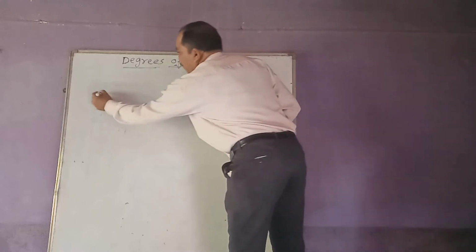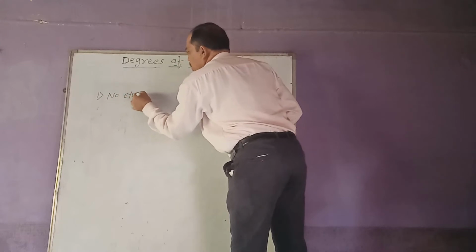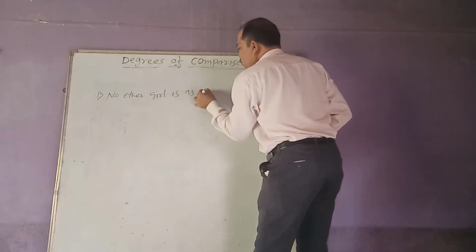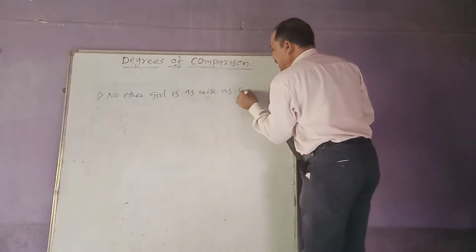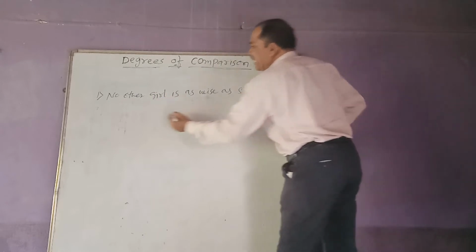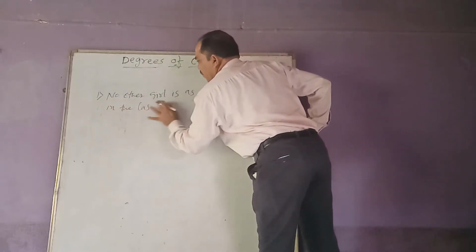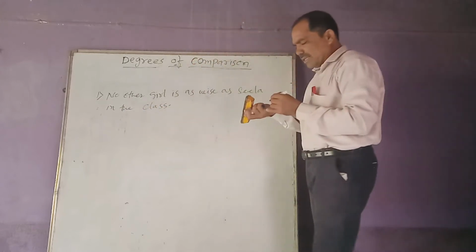First example: No other girl is as wise as Sheila in the class. Now, try to understand. This is one of the sentences.